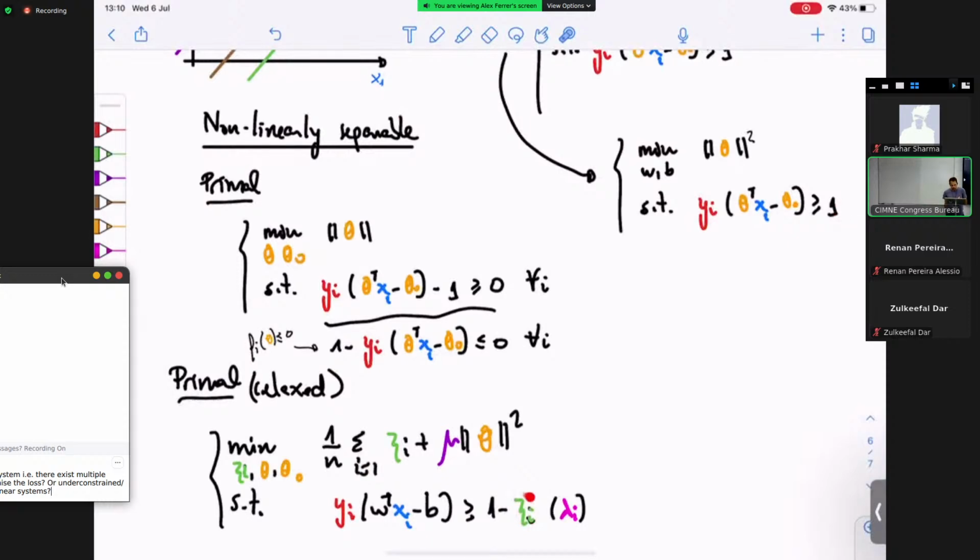I will leave the capacity of not being larger than 1, but maybe being larger than, I don't know, 0.9 or 0.6. You relax it.